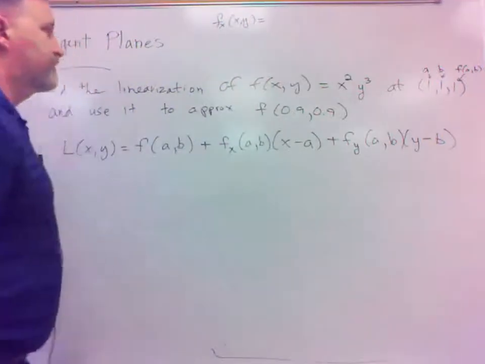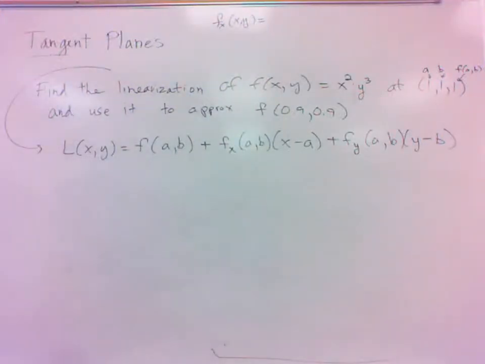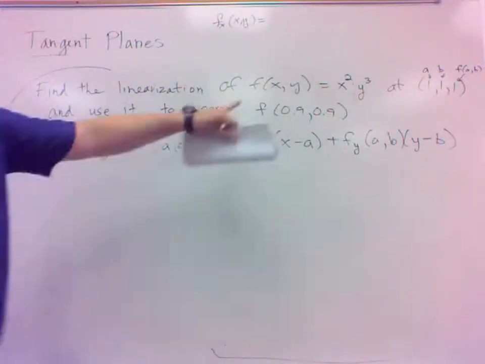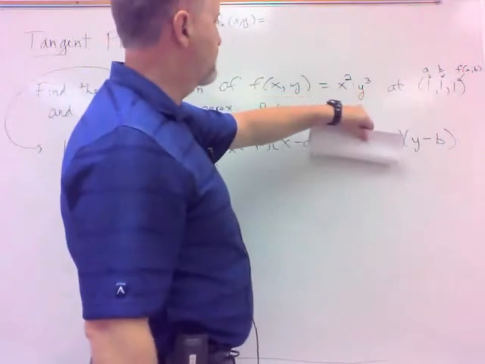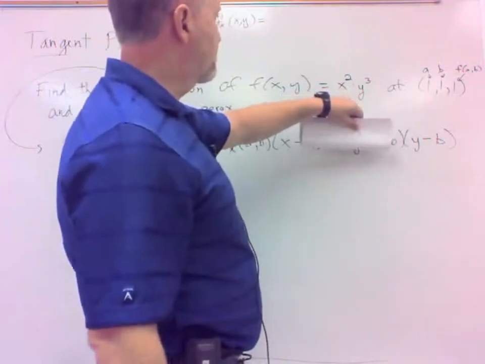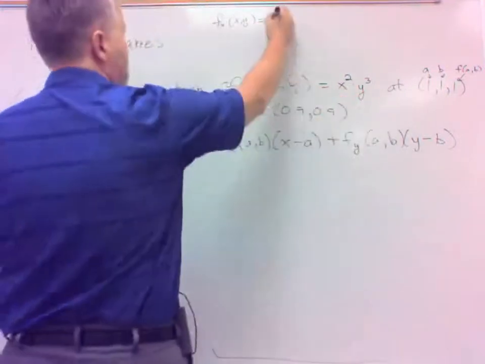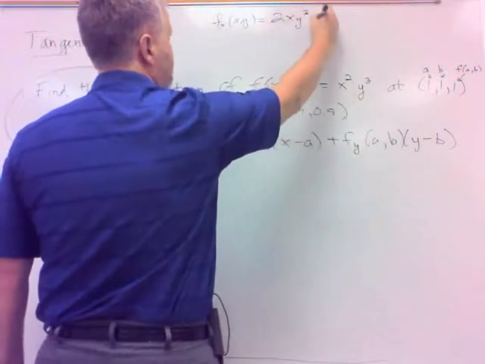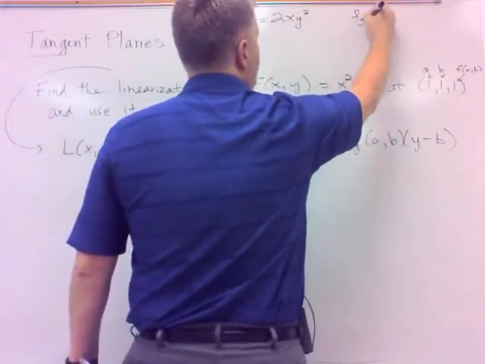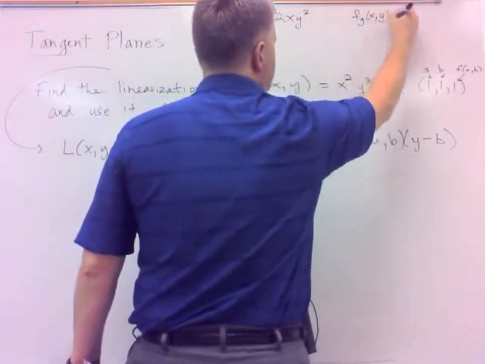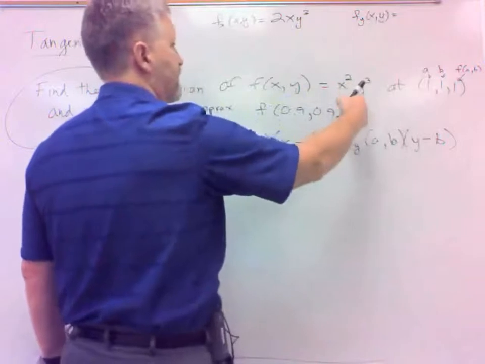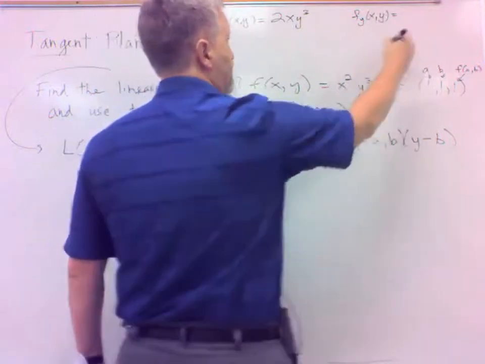What would the partial of f with respect to x be? Well, the y is a constant, so it would be 2x y cubed, wouldn't it? And then the partial with respect to y would be the same thing, except the x is constant, so it would be 3y squared times x squared, 3x squared y squared.